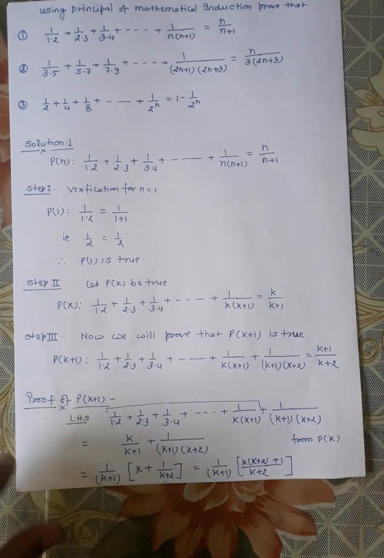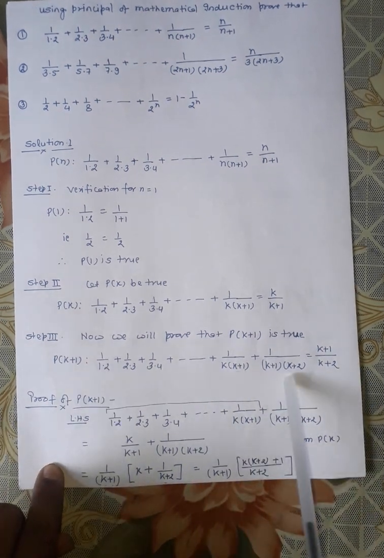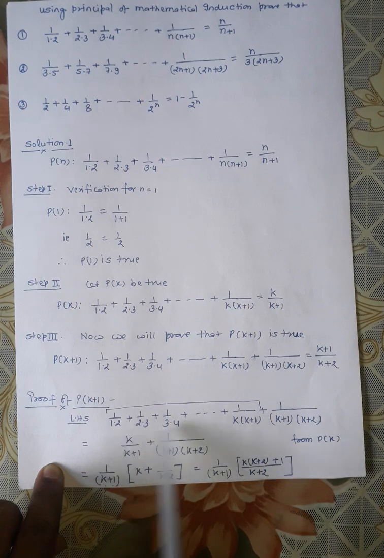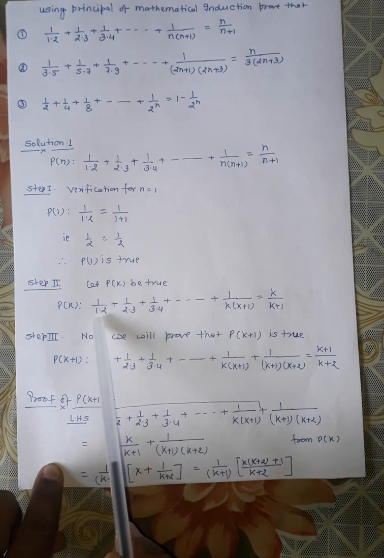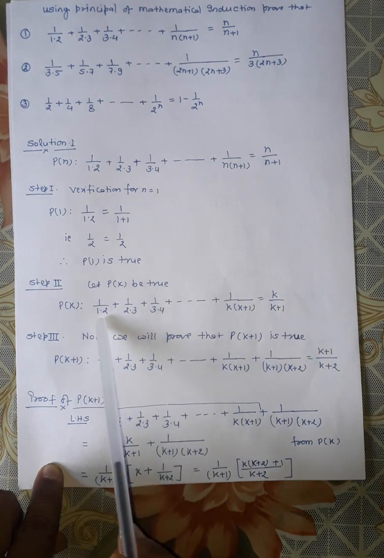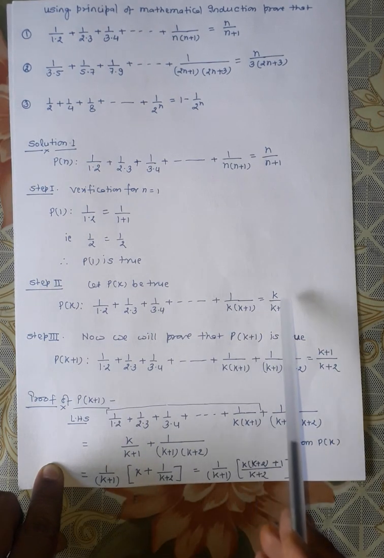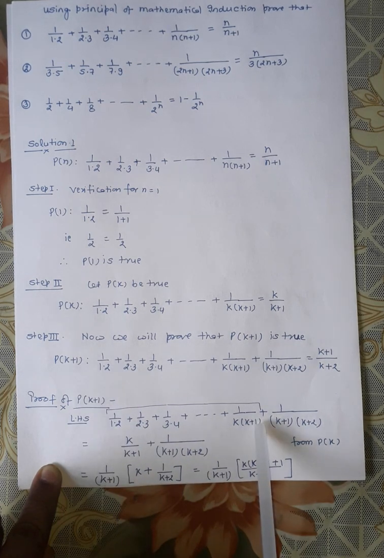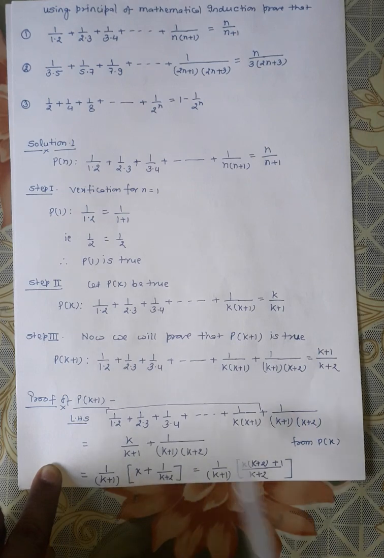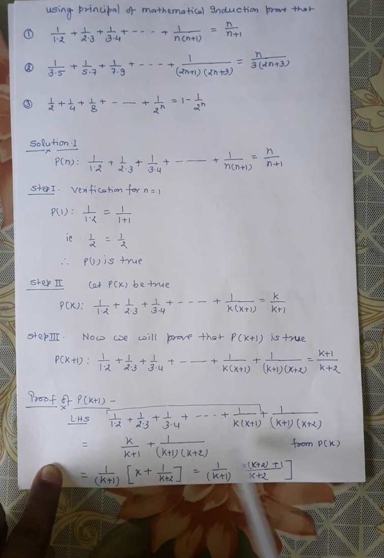Again I am going to explain. After completing P(k+1), you take its left hand side and use P(k). How will you use P(k)? We observe that starting from the first term until before the last term, what terms are written? This is our P(k), the left hand side of P(k), which is equal to k upon k plus 1. So in this place, from 1 until here, we can write k upon k plus 1. Now the last term is left, so we will copy this last term as it is.